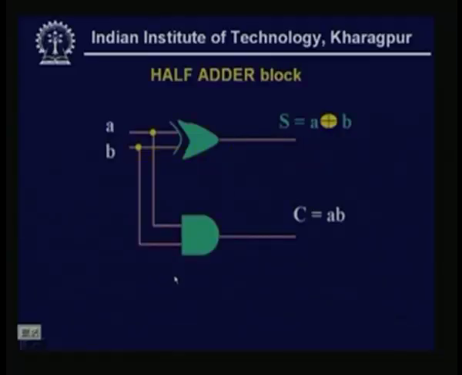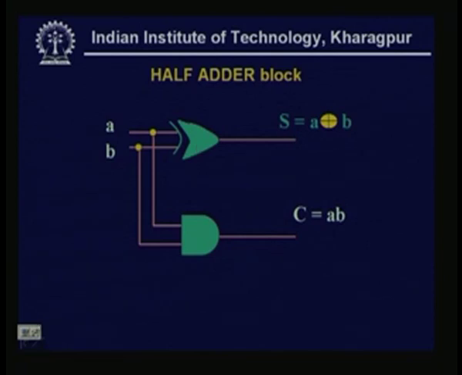Now, before we start the multiplier design, we quickly recapitulate our half adder and full adder circuits. We remember that in our half adder there are 2 operands and we neglect the carry input.